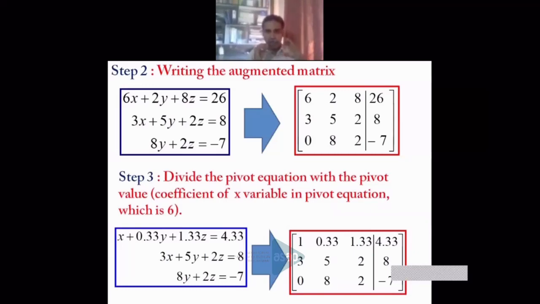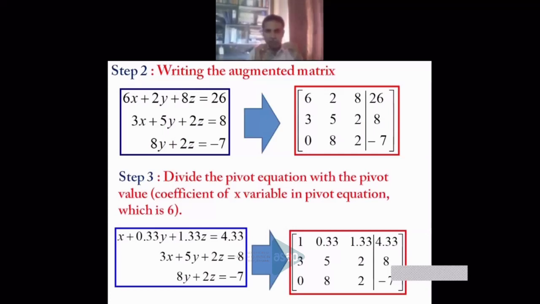Nothing confusing here. You look at all the coefficients of x, y, and z of equation 1 and move them to the first row of the matrix on the right. You look at the 3x, 5y, and 2z coefficients for the second row of the matrix, and 0x plus 8y and 2z for the third row.